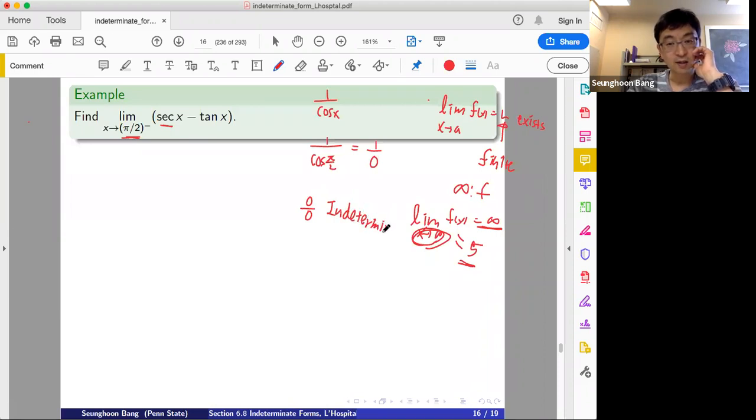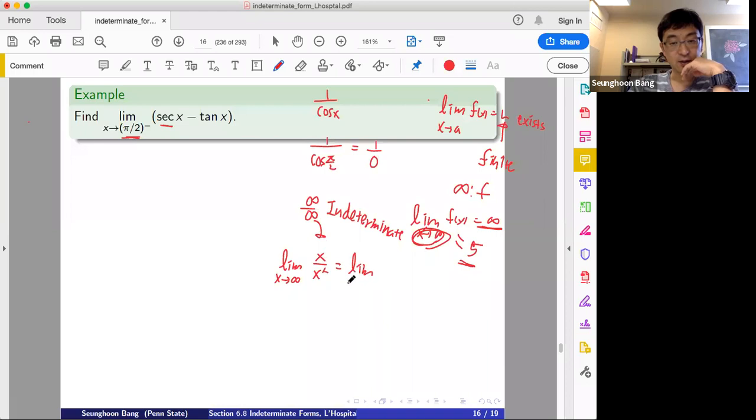Why? It depends on the problem. The limit as x approaches infinity of x over x squared is not exactly 0 over 0 form. Sorry, we think about the infinity form. Infinity form. So what is the answer?